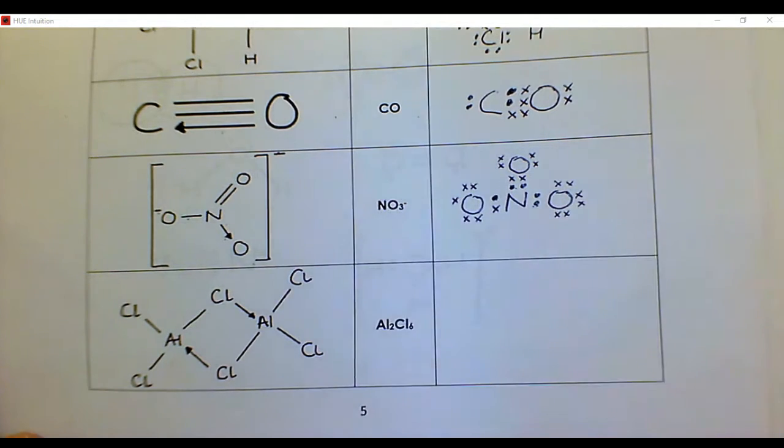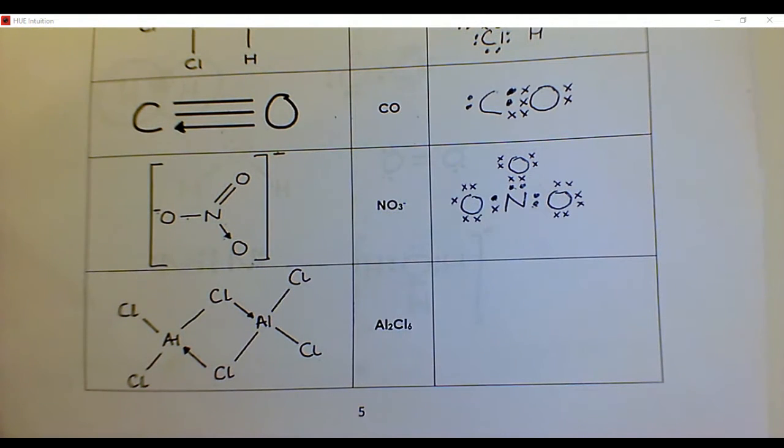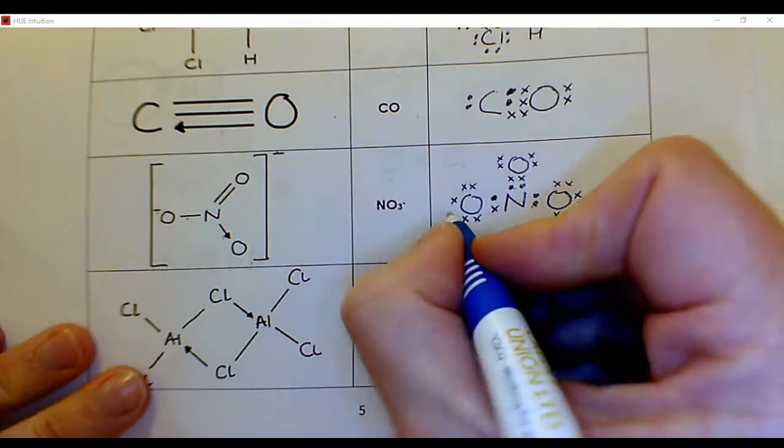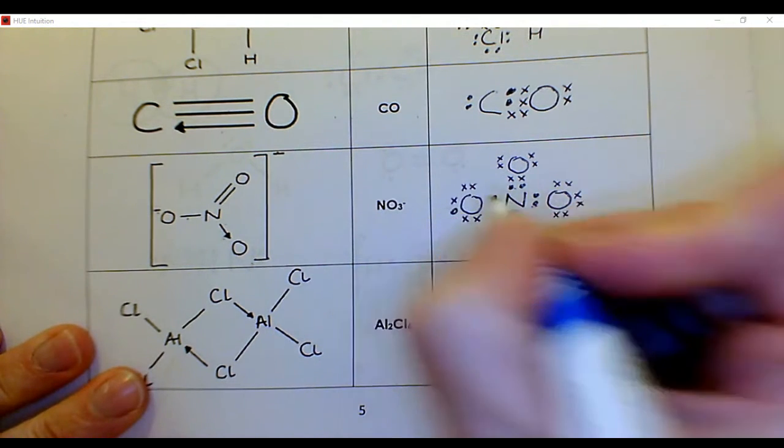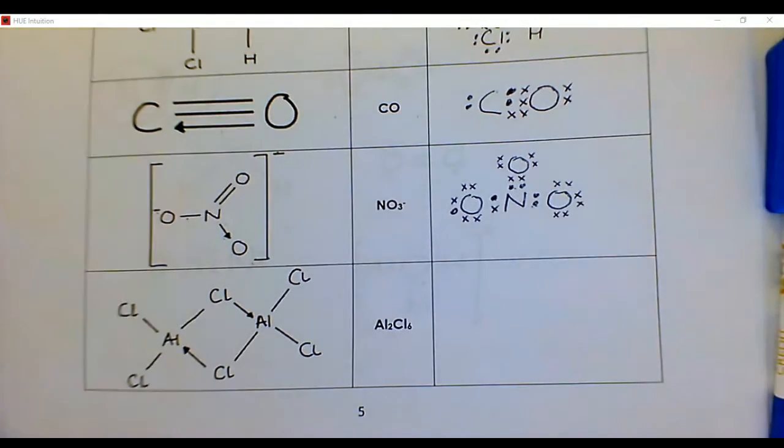Now, remember I said that you can't have any unpaired electrons. So what does it do about that? Well, this is where the minus charge comes in. It has accepted an electron from presumably a metal somewhere along the way. So let's put that in as an extra electron, in a different color.